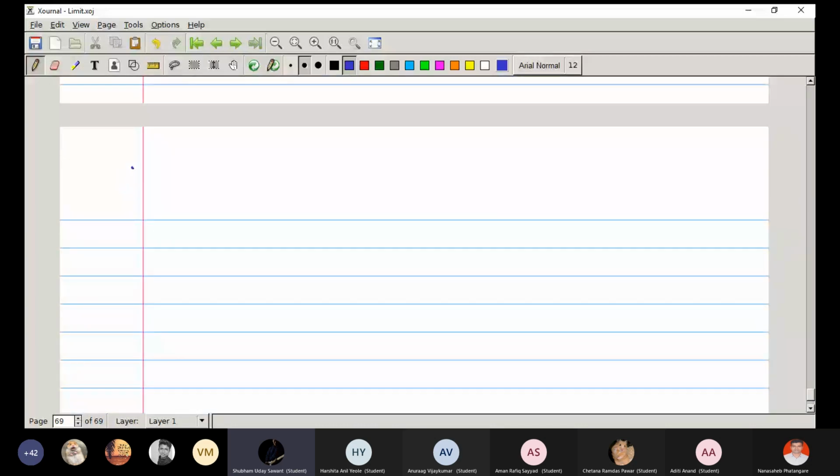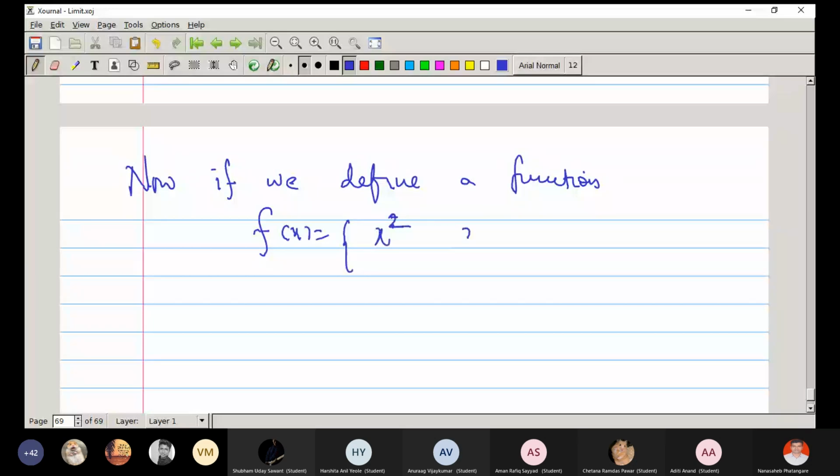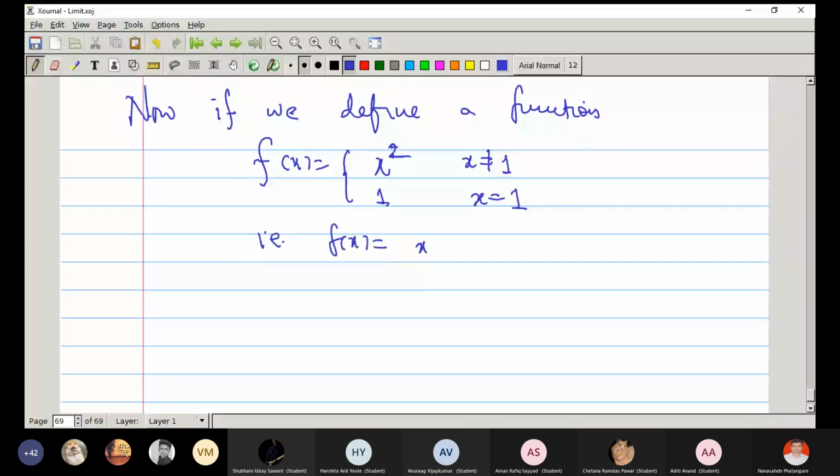Right. So now if we define a function f of x equal to x square if x is not equal to 1 and 1 if x is equal to 1, that is, f of x is equal to x square for every x.